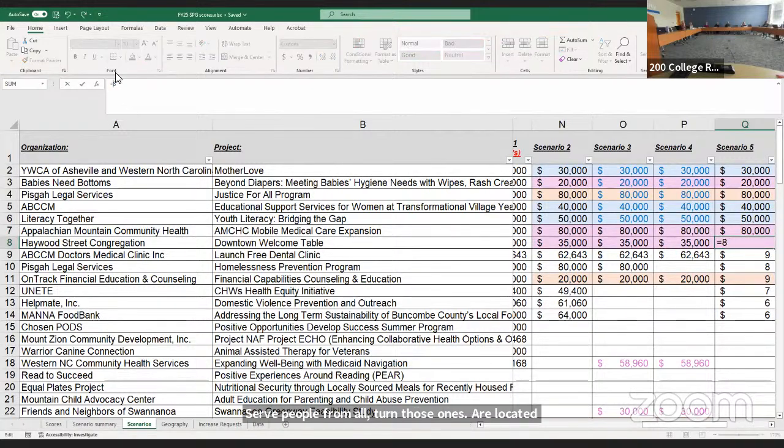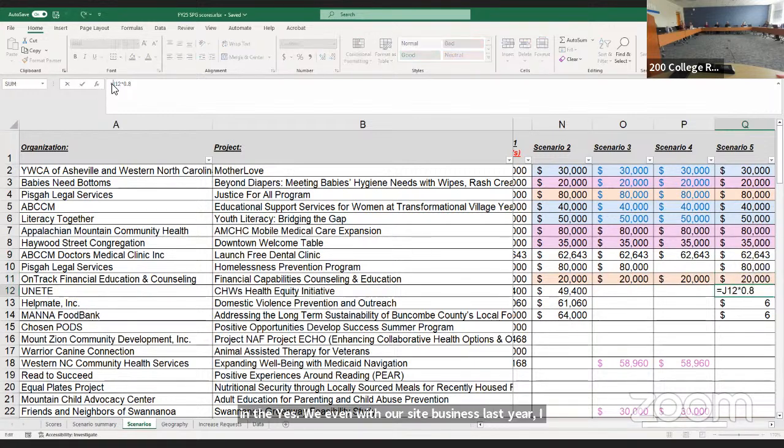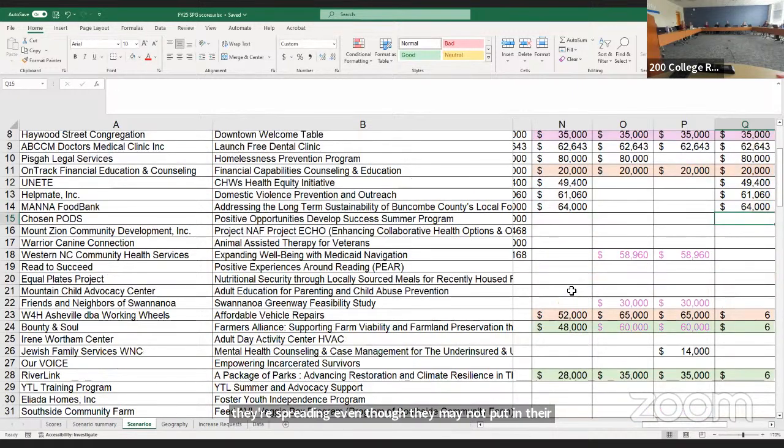Or located in a specific district, what district? With our site visits last year, I learned that it's going to all of Western North Carolina, and you were free to share that information. So they're spreading, even though they may not put it in their geography paragraph, it is being used.